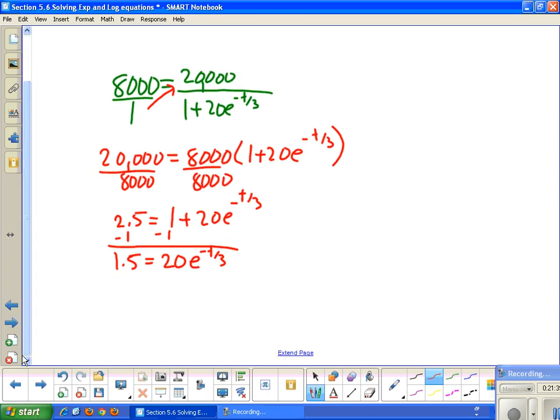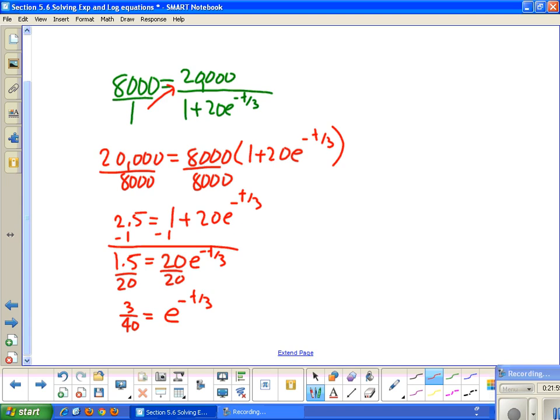Then I would divide both sides by 20, and you get 3 over 40. I'm going to leave it as a fraction, equals e to the negative t over 3.